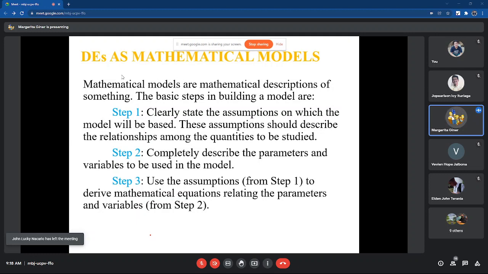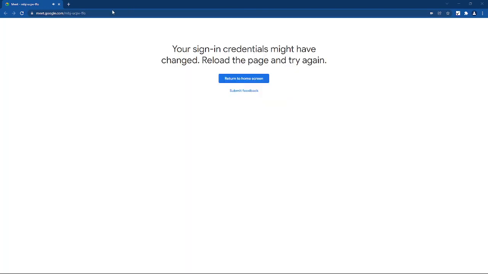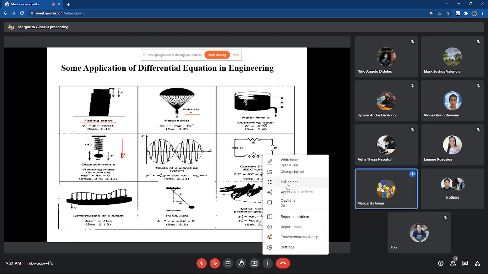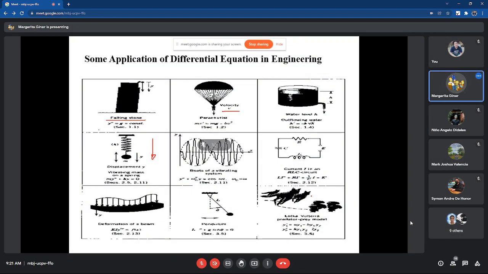So, meaning to say, if we're talking about mathematical models, we are talking about the application it in real life situation. Okay? So, ginagamitan siya differential equation. So, mga beam for the civil engineering, pendulum, okay, and other pa. Damo pa na siya use. Basta in field of physics, damo-damo din siya gamit.